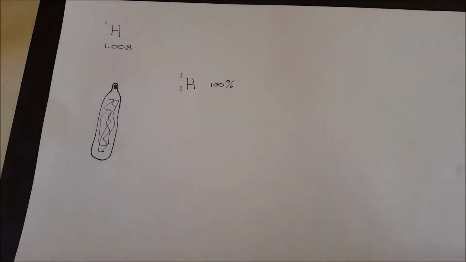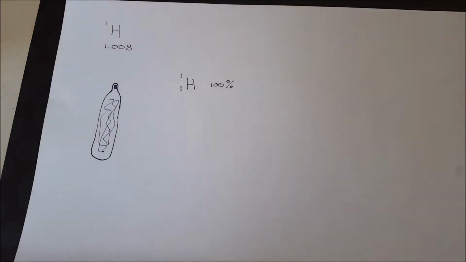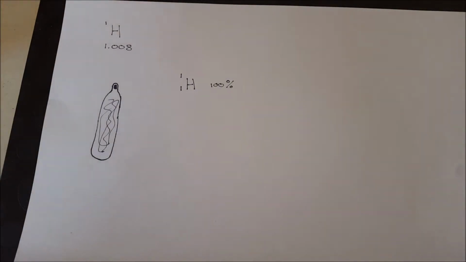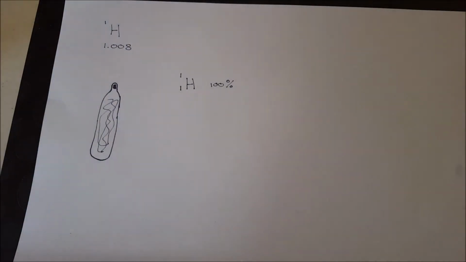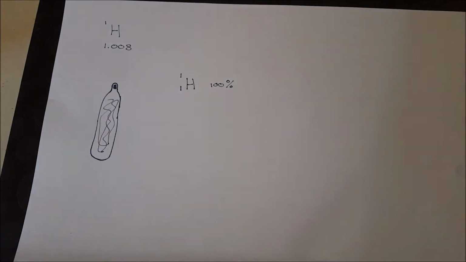Now, back to these decimals in the mass numbers of some of these periodic tables of elements. The reason why you do not see a whole number on some periodic tables is because the actual relative atomic mass of the atoms of the element is given. Now, what do we mean by that?